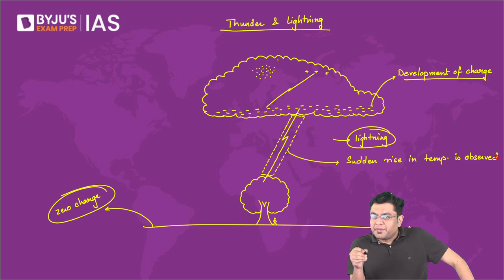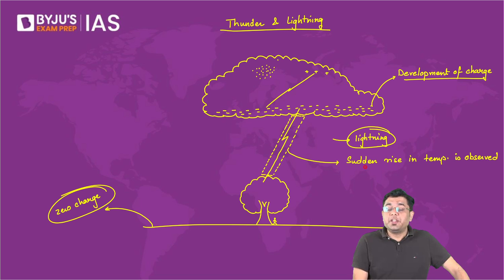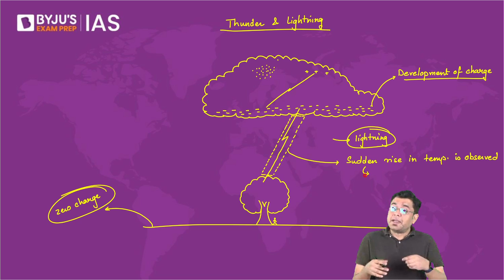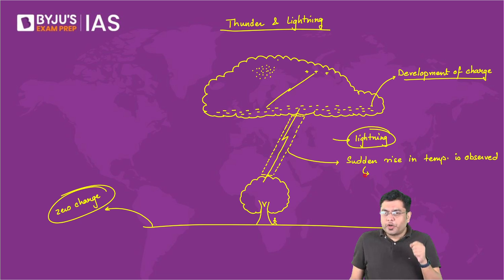Now, when you have the sudden rise in temperature, what will happen? What happens when the air temperature rises? Air expands, but here the temperature is rising very suddenly for a very short span of time.